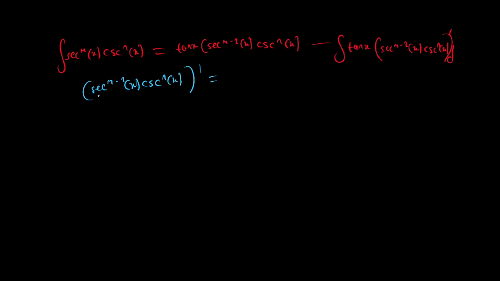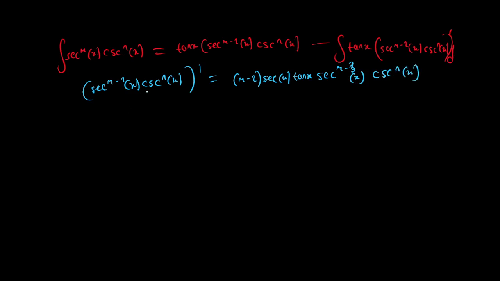It's secant of x tan x. So we have m minus 2 times secant of x times tan of x times secant to the m minus 3 of x. Now we're going to multiply this by cosecant to the n of x.